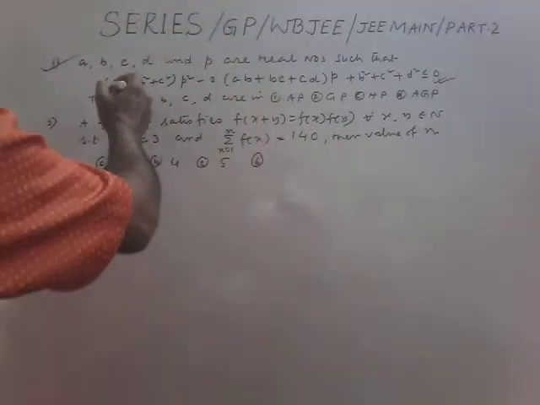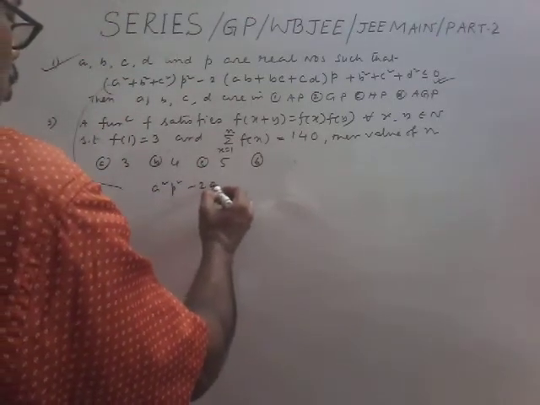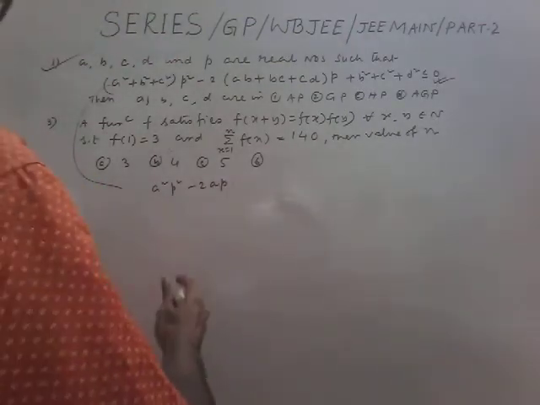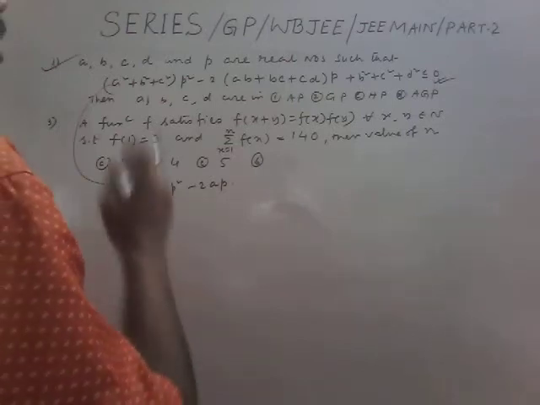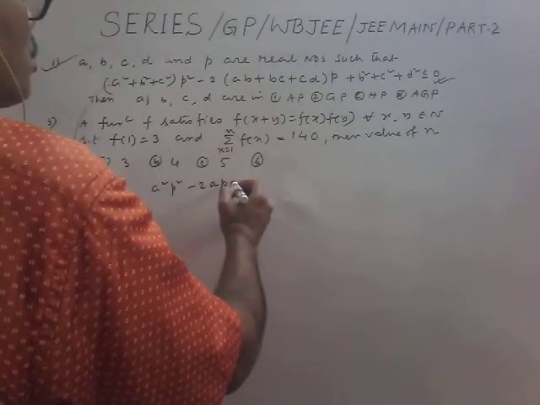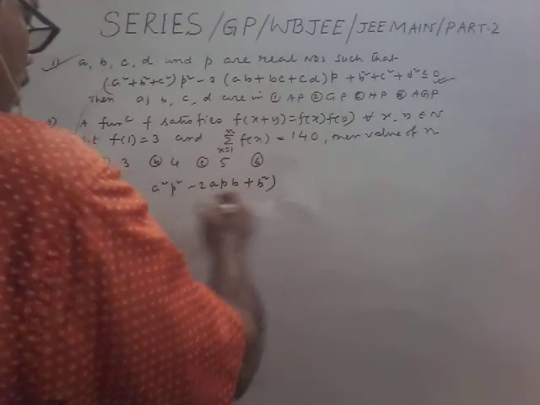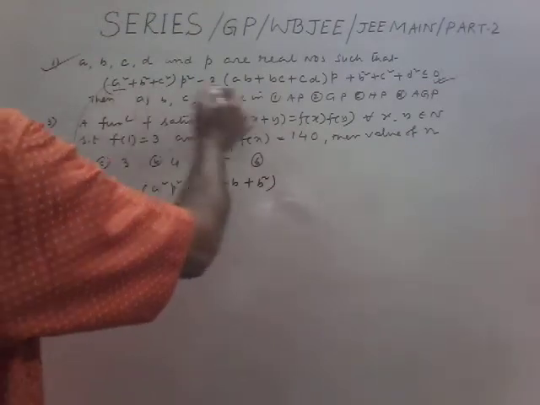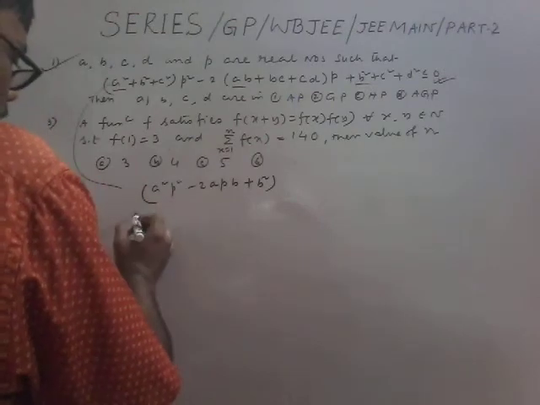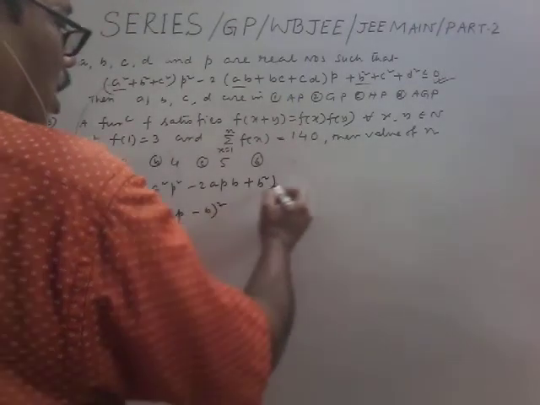So look, after this step, a square p square, 2ap into b plus b square. So we are considering this and this. So it is obviously a whole square, ap minus b whole square.